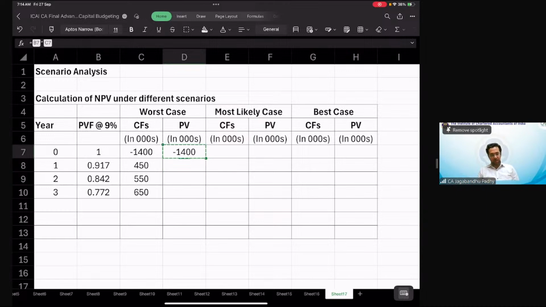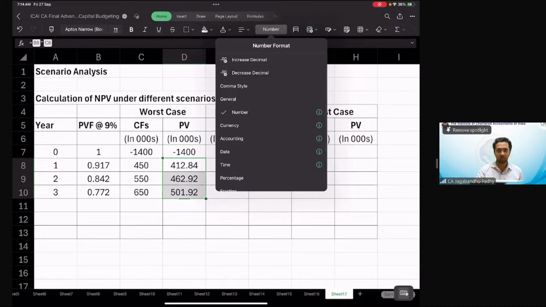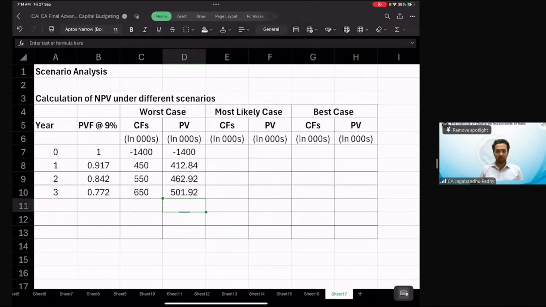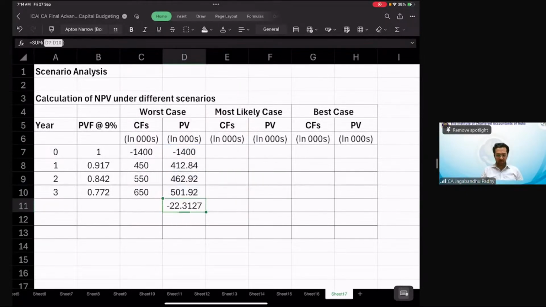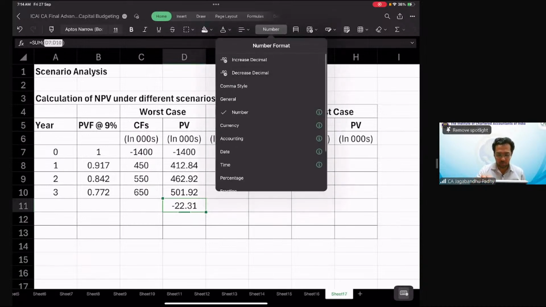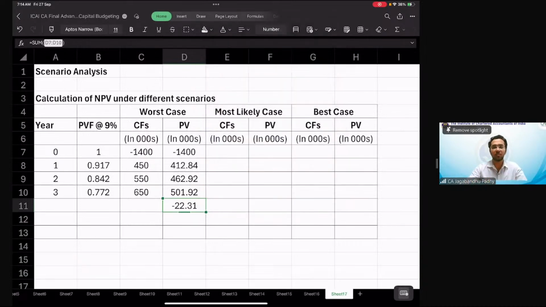And then this totals up to 412.84, 462.92 is the multiplication of this, and then 650 times 0.772. So we compute the NPV as 22.31. Right? 22.31 is the NPV.